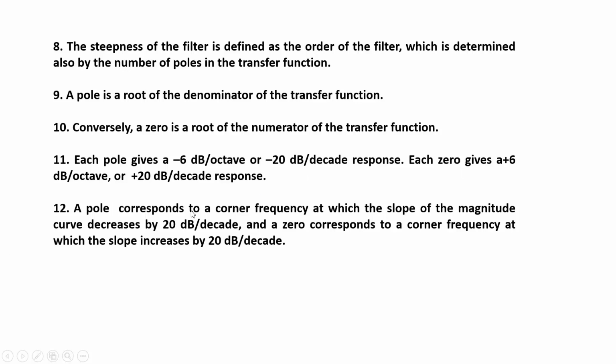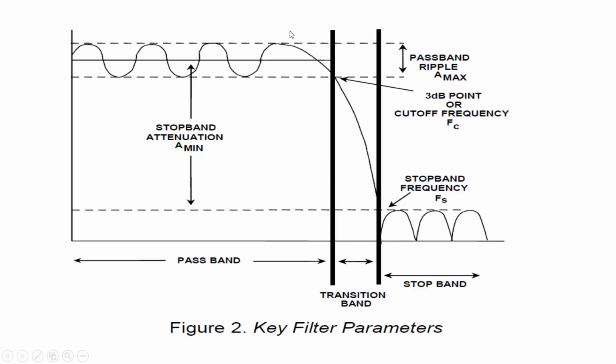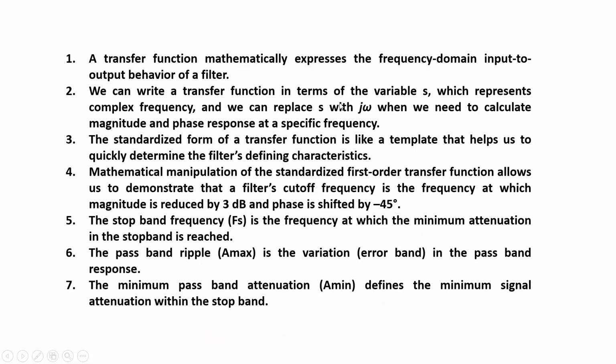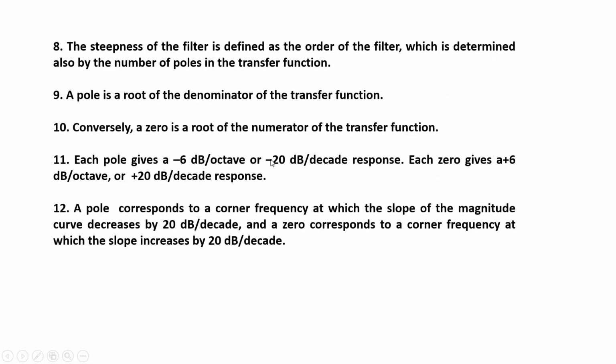So the curve will fall down after every doubling of the frequency. If you introduce a pole in the transfer function, the curve will come down by minus 6 dB per octave, which is the doubling of the frequency, or minus 20 dB per decade, with 10 times the frequency.